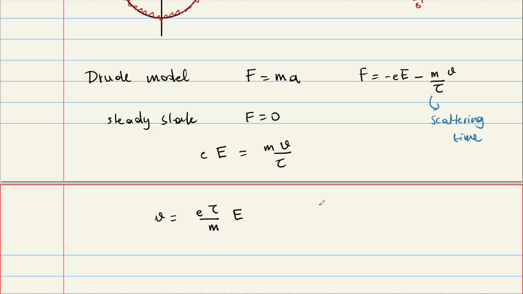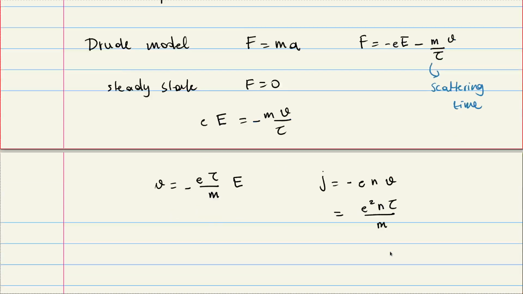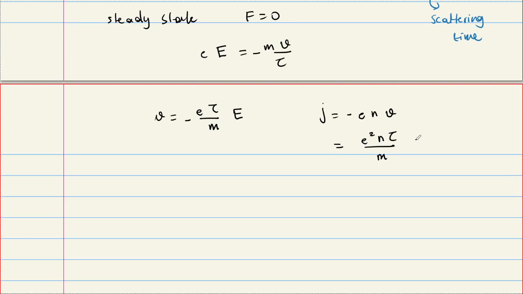You can also put vectors, and the current is defined as minus n e v, which gives us n e squared tau over m times E. If this is a vector, this is also a vector, and the coefficient of this relation between J and E is going to give us the so-called conductivity, and this is the Drude conductivity. Sigma is equal to n e squared tau over m.